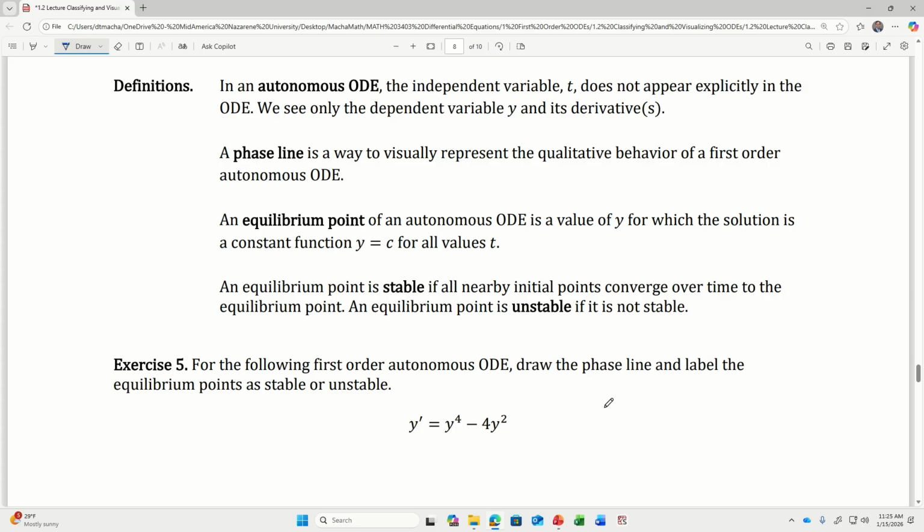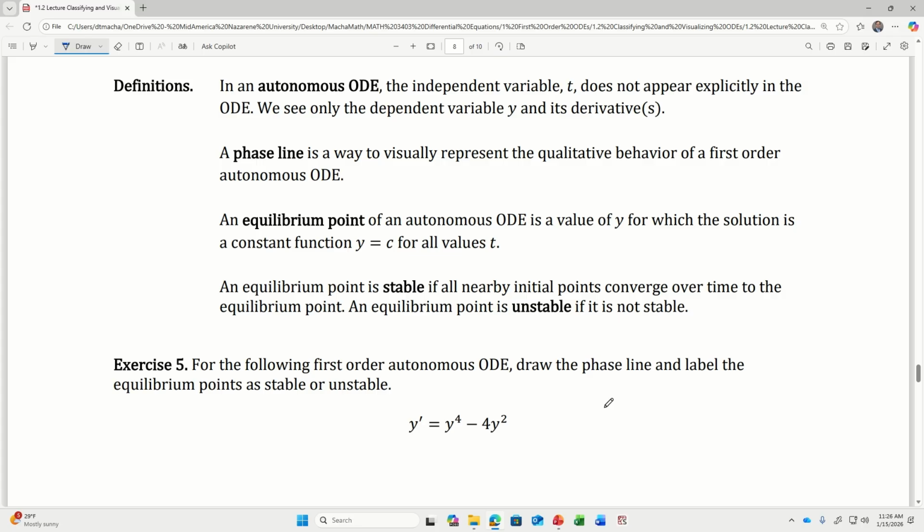So the next thing we're going to talk about is phase lines. Phase lines only apply to first order autonomous ODEs. That's the only situation in which you would ever draw a phase line, if you have a first order autonomous ODE. Otherwise, phase lines don't make any sense. But a phase line is a way to visually represent the qualitative behavior.